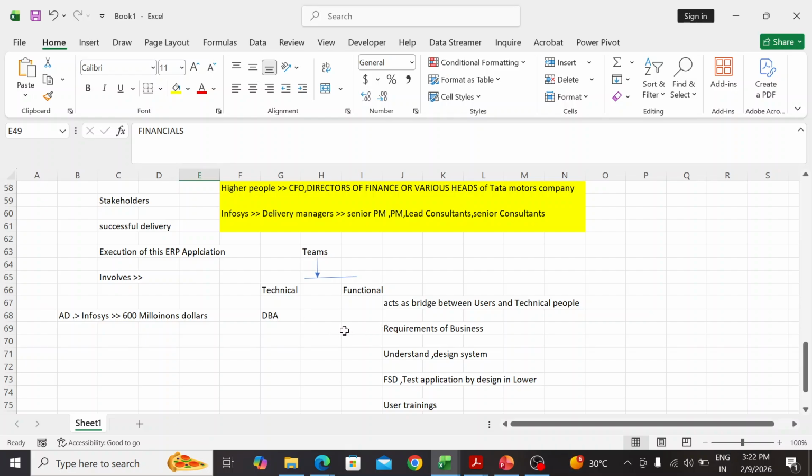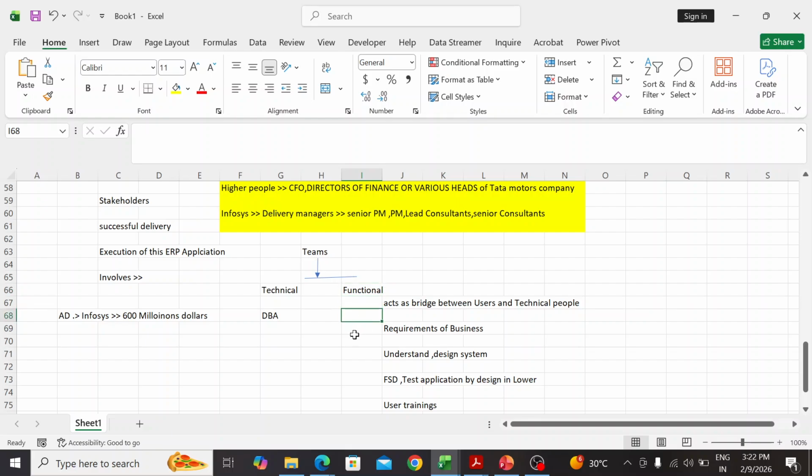So this is what exactly happens in the project implementation of any kind of ERP application. In general, functional consultants have more edge than the technical consultants, because the technical consultant's job ends where the functional consultant's job starts.